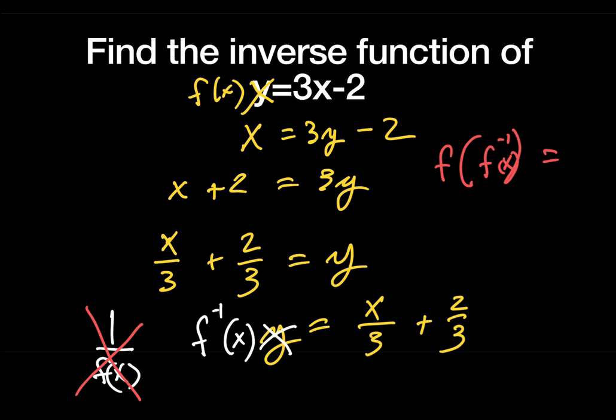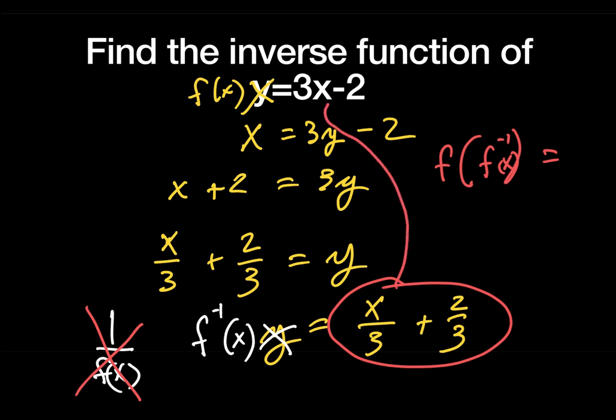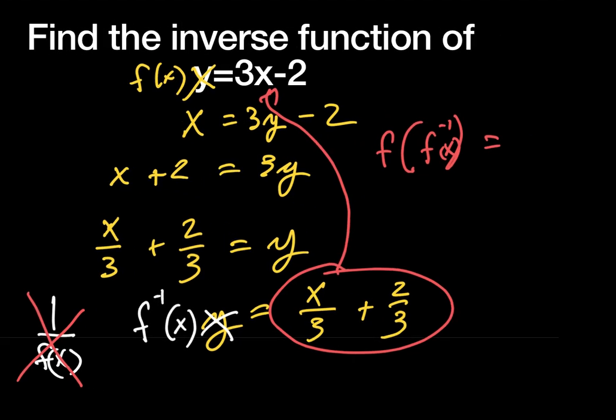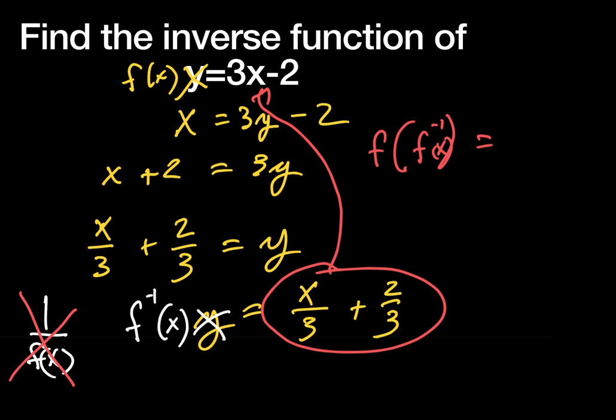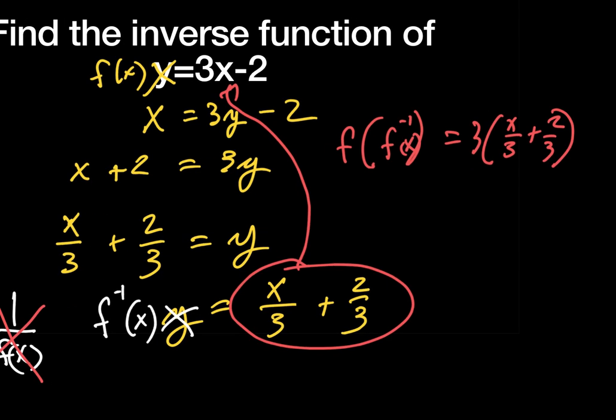So if I take the inverse function, which is this, and I plug it in for x in the original equation back up here, and I work this through, I will have 3 times x over 3 plus 2 over 3, and then minus 2.